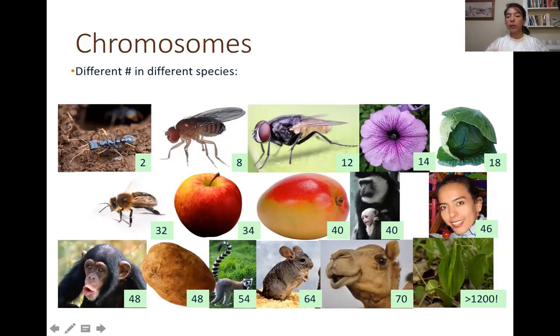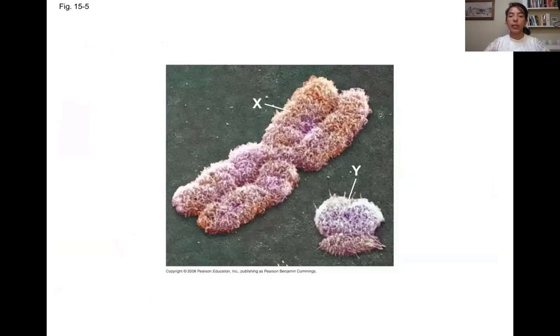Look at this. We are right here. We saw that 46 chromosomes. Chimps have 48. Now look at some of these ferns. This is a plant, a fern that has more than 1,200 chromosomes. That is a very large number of chromosomes. This is a picture of our X and Y chromosomes.